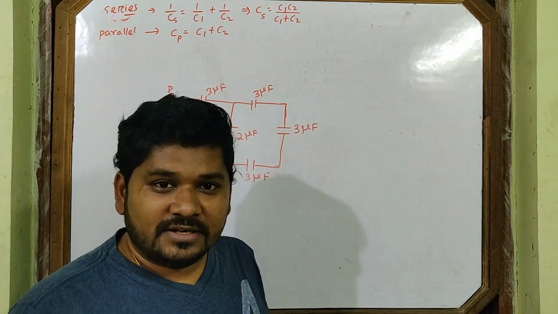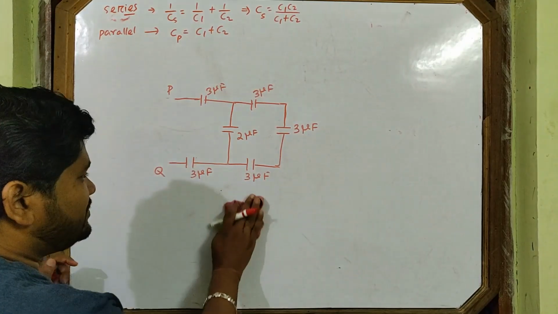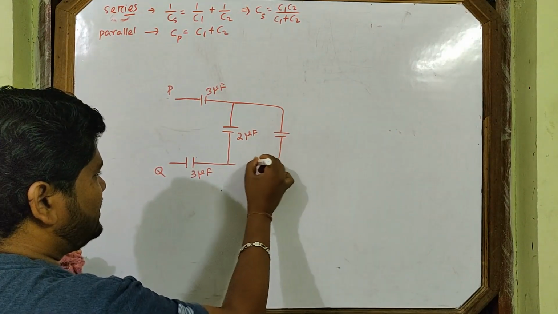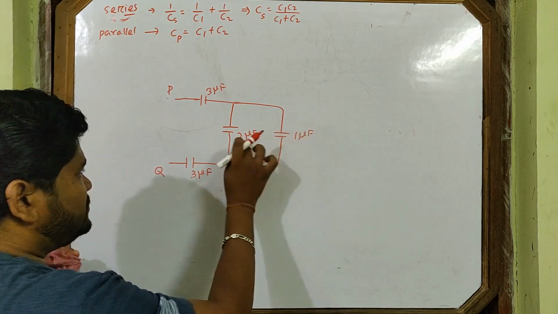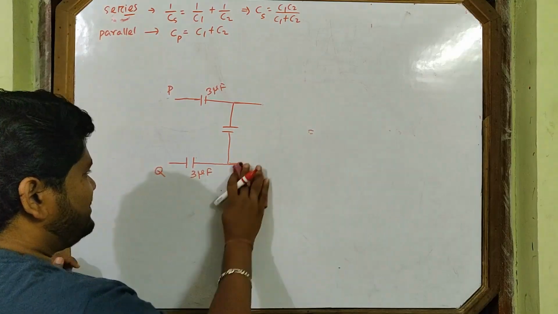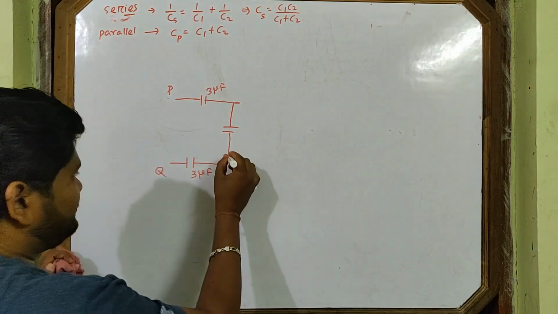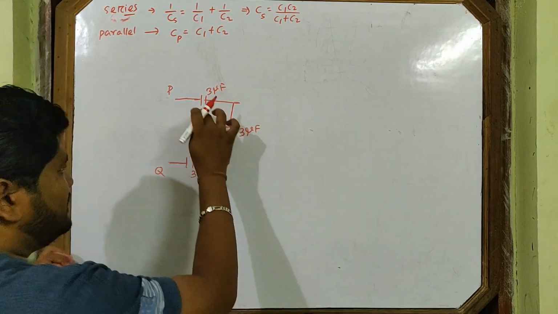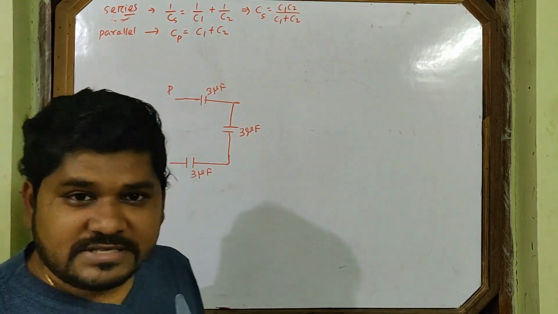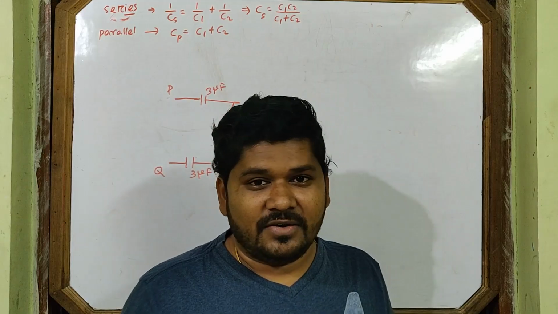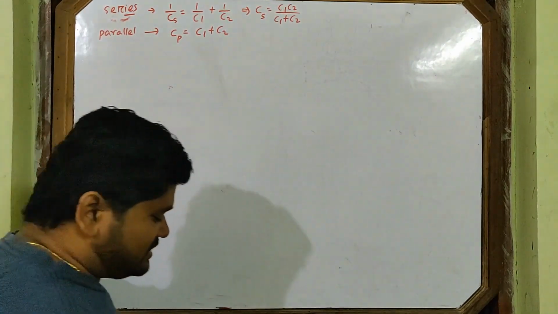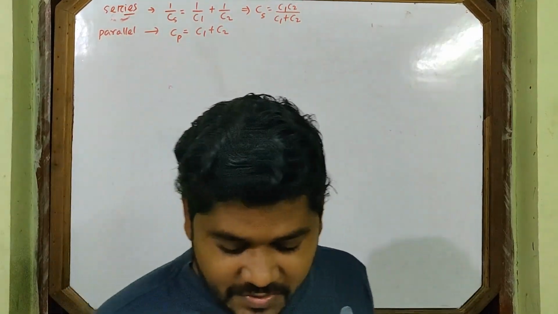It's repeating what I discussed just before, so they behave like one capacitor of 1 microfarad. Then 1 and 2 in parallel, again it repeats, and 3, 3, 3 in series, again it repeats. What is the answer? 1 microfarad. So the final answer of this question is 1 microfarad.